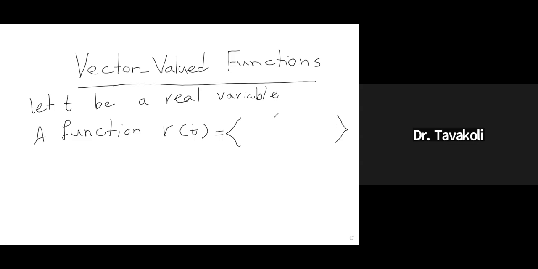For example, I can use f(t), g(t), h(t), and for a specific function, f, g, and h are given. This defines a vector function, a vector valued function.